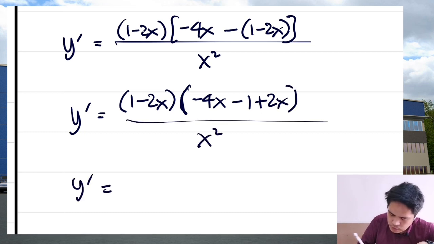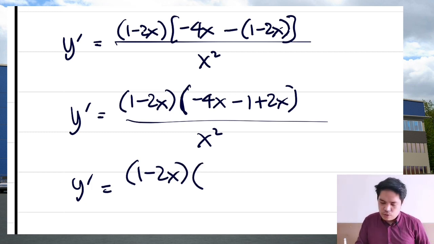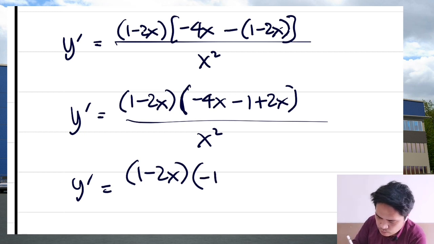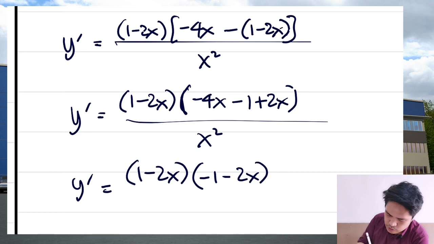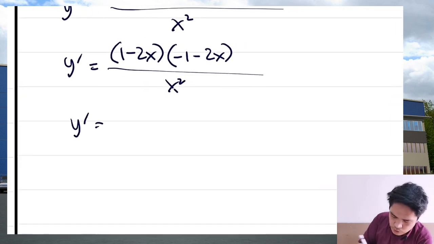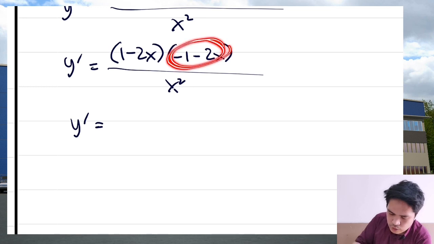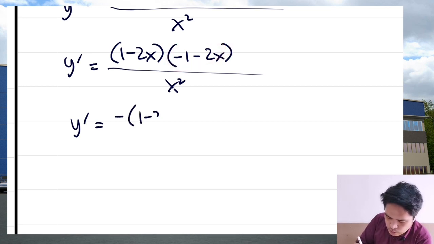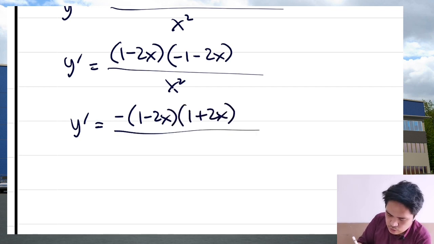So y prime is equal to 1 minus 2x times, we can just factor out the negative, or we can do it this way, negative 1 minus 2x over x squared. Or y prime is equal to, if I factor out the negative here, that would be negative 1 minus 2x times 1 plus 2x, then all over x squared.